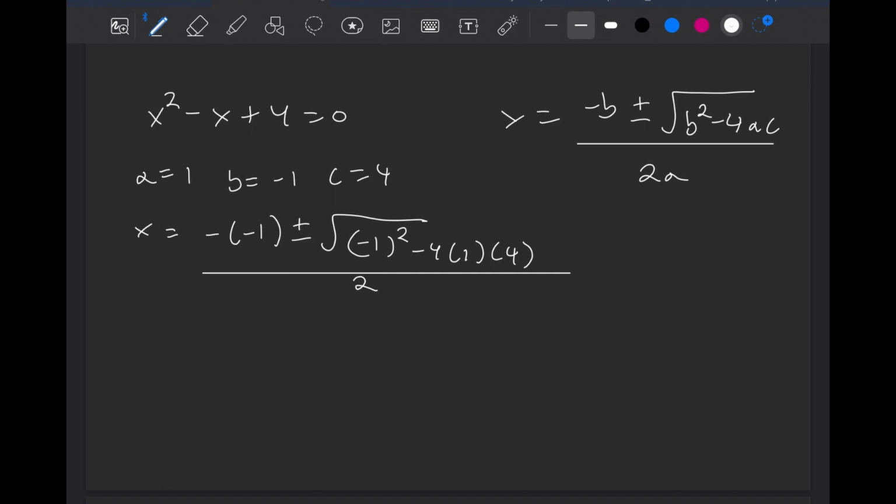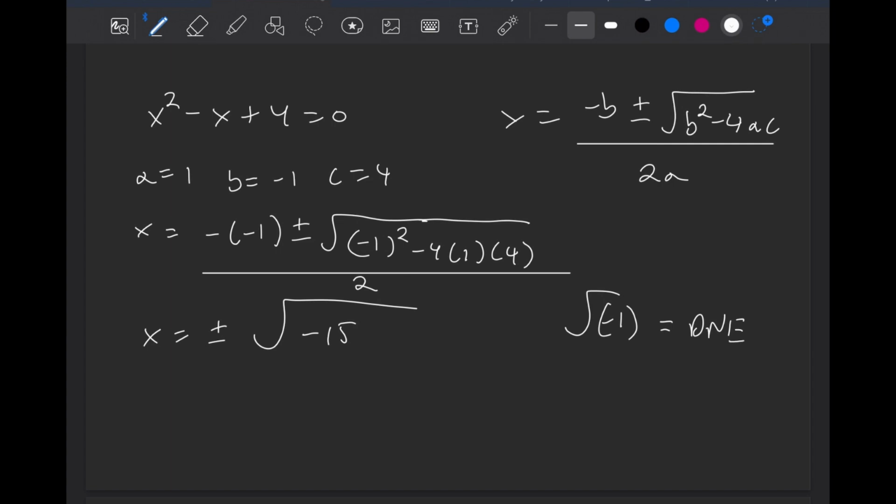And then when I simplify that, this is actually going to end up being minus 15 under the square root. And you cannot take the square root of a negative number because that does not exist.